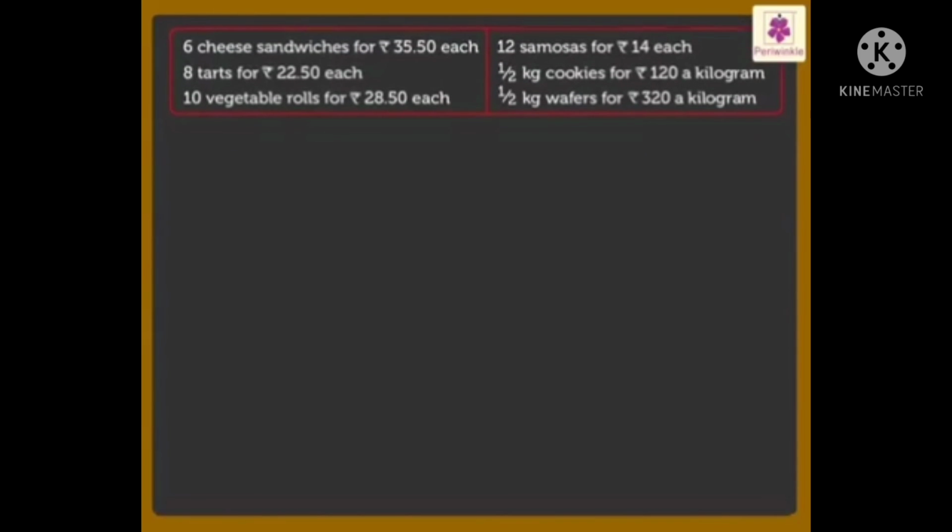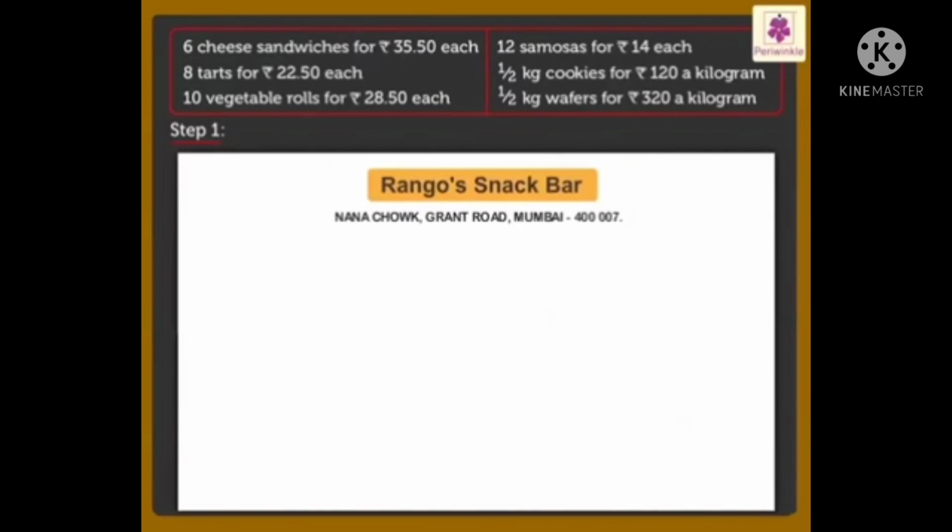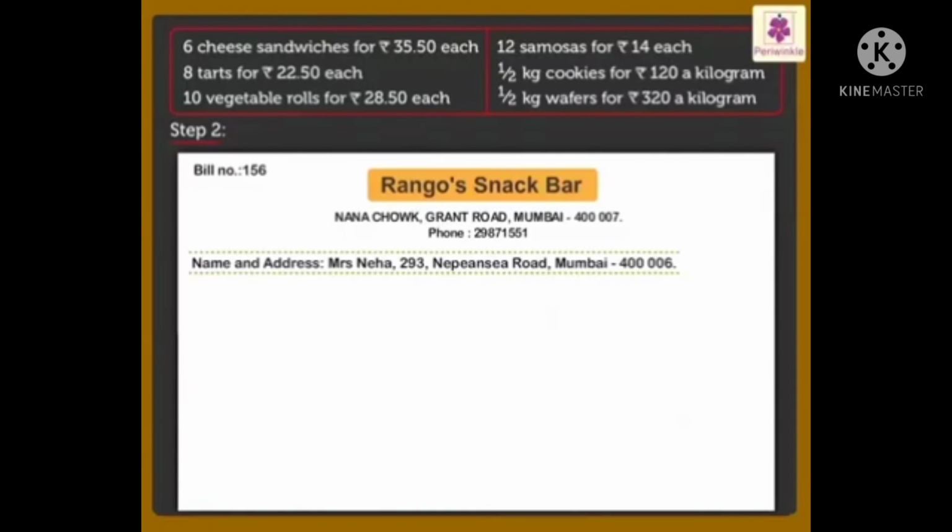Let us systematically prepare the bill. Step 1. Write the service provider's name, address, telephone number, and a bill number. Step 2. Name and address of the customer. Step 3.